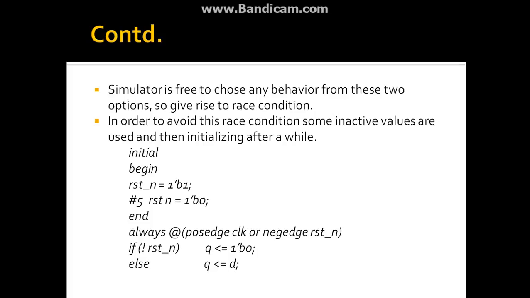Thus the simulator might exhibit any of the above behaviors. This kind of race is resolved by using some inactive values and then initializing after a while. This has been shown by modifying the code segment. In this, at first, RSTN is initialized to some value so that it will trigger the always block.